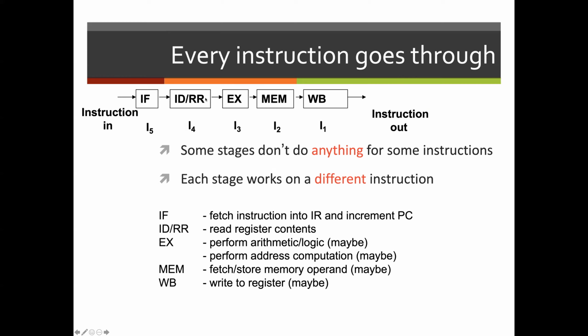And then we'll have to do our read register for the contents. We'll perform our execution operations. We'll either fetch or store to memory, and then we'll write to the register possibly. So each stage is going to work differently.